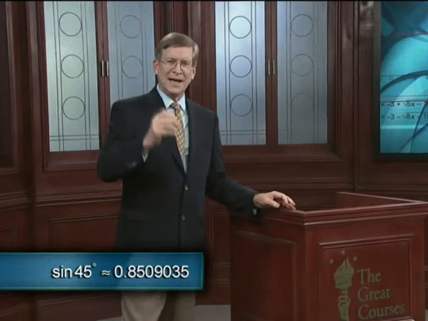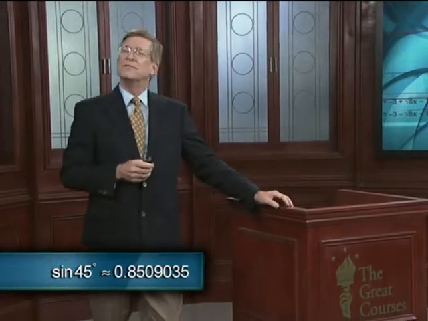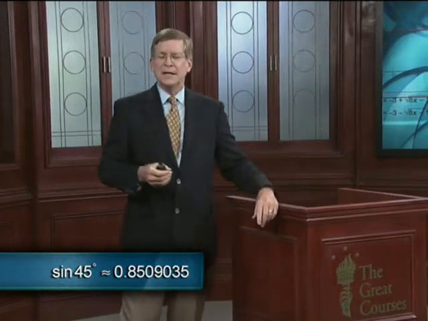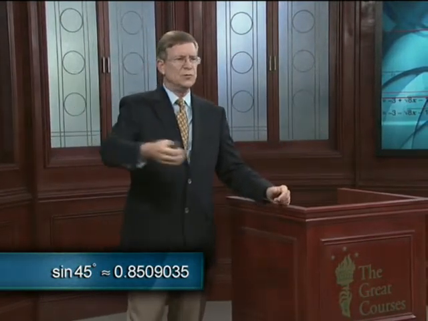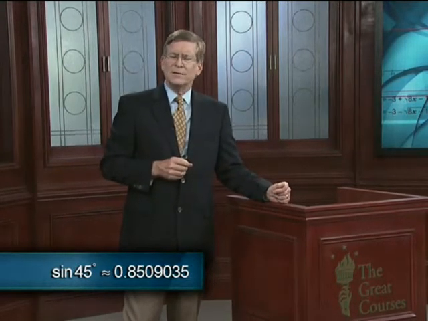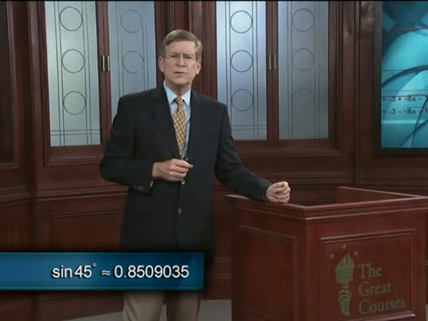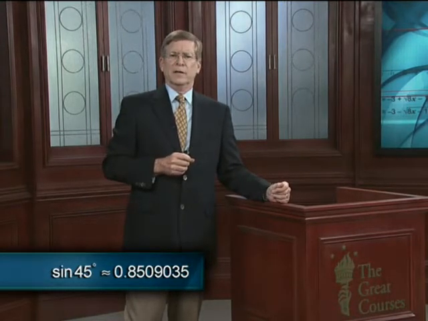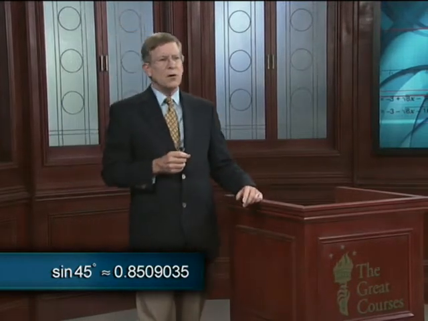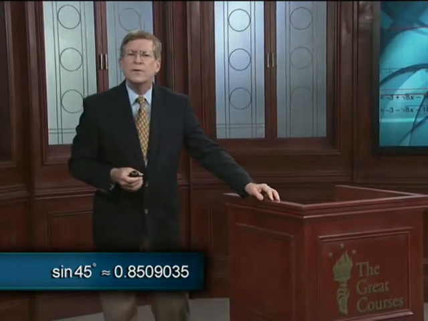You're teaching the class, and you've just calculated the sine of 45 degrees, and everybody's happy in the classroom, and then suddenly after class, a student runs up to you and goes, Professor, I didn't get sine of 45 degrees to be what you said it was. My calculator said that sine of 45 is 0.8509035.